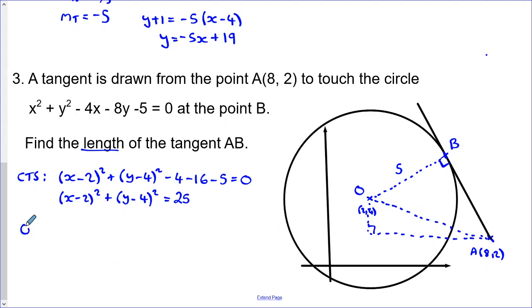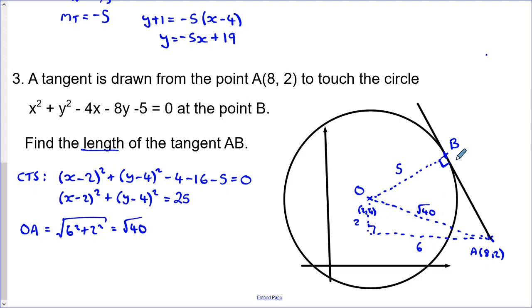So OA, using Pythagoras, the base of this triangle would be 6 wide and the height would be 2. 6 squared plus 2 squared. Square root of 40. I'm going to leave that as it is. So this length here is root 40.